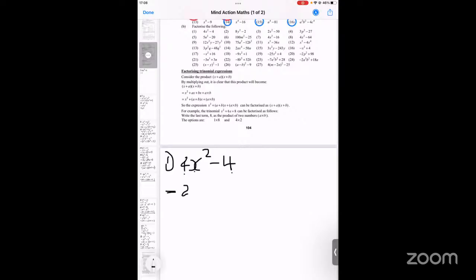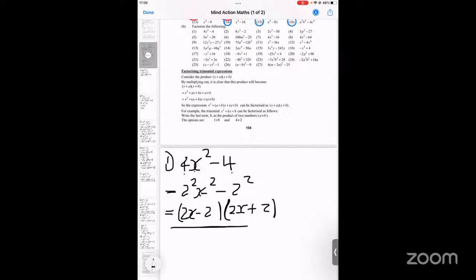Do you agree with me if I say 4 is 2 squared, even this one minus 2 squared? Yes, sir. So now it's a done deal because everything is to the power of that. So you can just say 2x minus 2. If you said minus, then this side it has to be a plus. Then this should be the end of it.